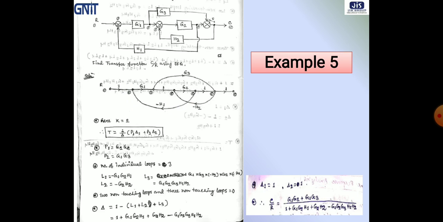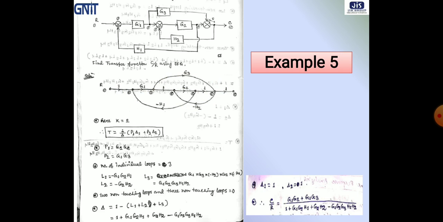So if this is loop 1, then L1 will be minus G1 into G2 into H1. And if this is our L2, then L2 will be minus G2 into H2. And if this is our loop 3, then L3 will be G1, G2, G3, H1, H2.